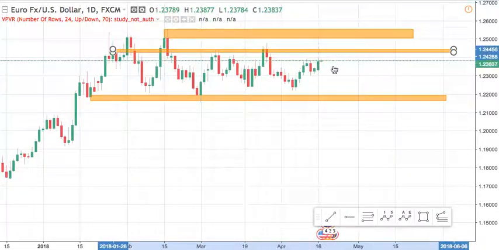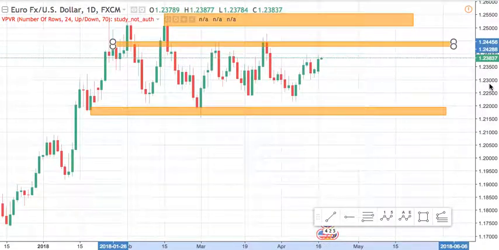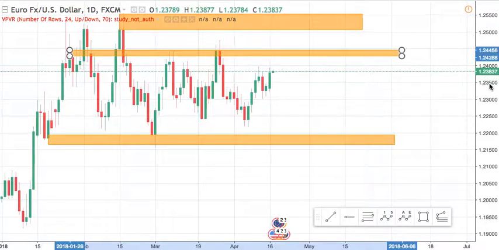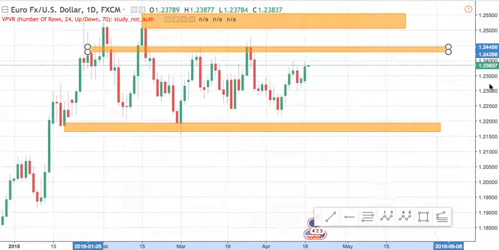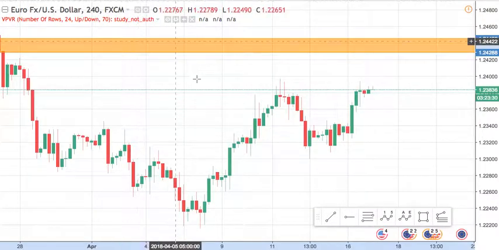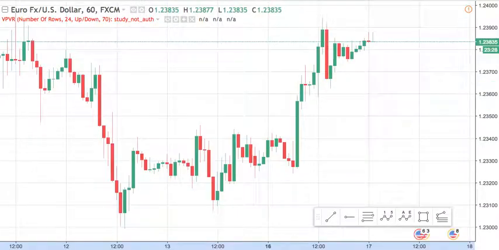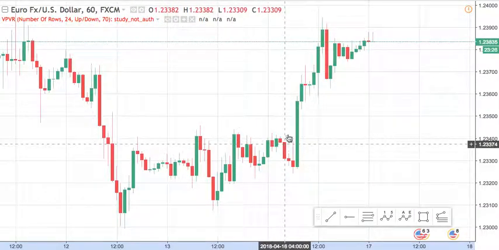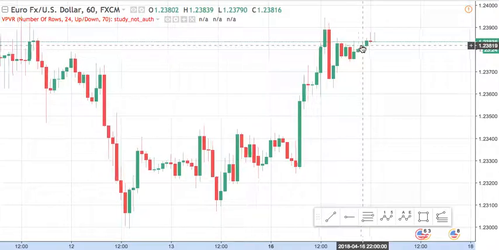So what I do is start from a daily. Let's start from a daily on this. What do we see? We see it's ranging, but the thing is it's ranging on a daily. See? It's not ranging on a possibly 4 hour or 1 hour. It's moving up on a 1 hour.